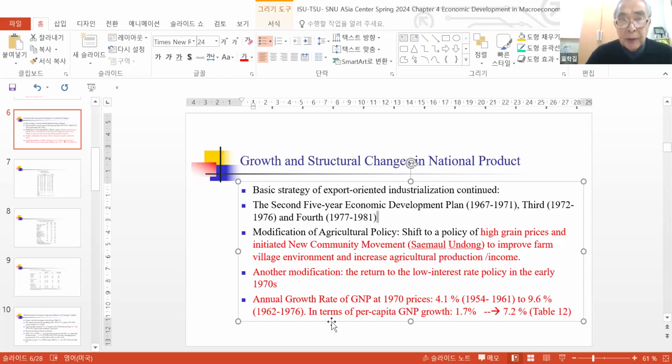After that, under President Park, 9.6%, more than doubled. So the economy was a very slow moving vehicle. All of a sudden, after 1962, a high-speed vehicle, like a sports car, 9.6%. In terms of per capita GNP growth, 1.7% to 7.2%, table 12.